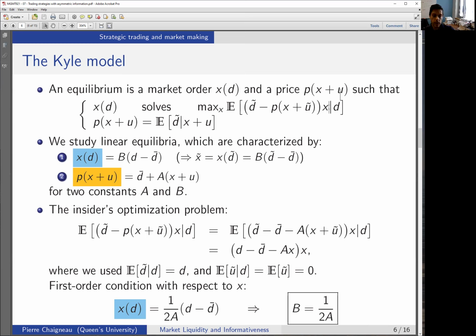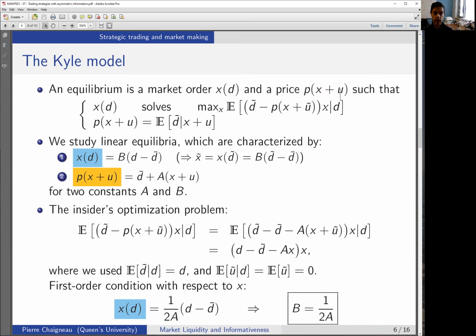He's going to have a quantity X of assets in his portfolio. And what is the profit he is going to make on each unit that he bought or sold? Well, it's going to be equal to the value of this one unit of the asset minus the market price of the asset. So whatever the insider paid to buy or sell this quantity of the asset.